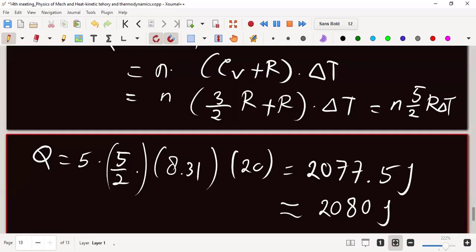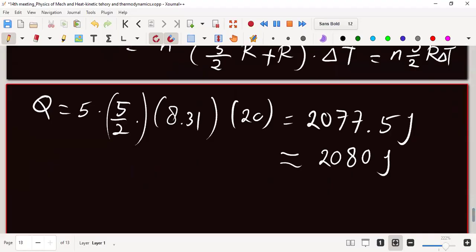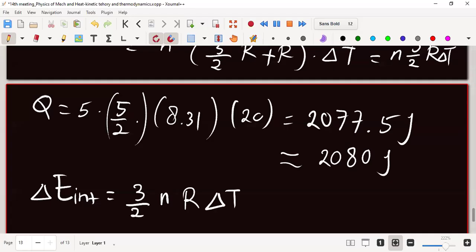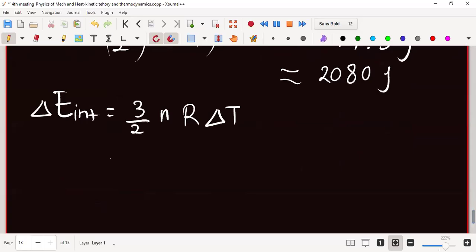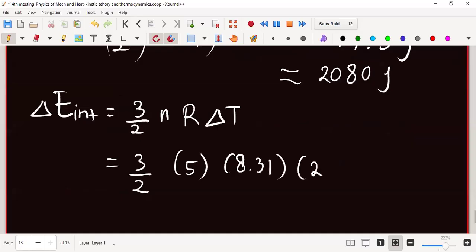And we also calculate the internal energy increment. Delta internal energy is 3 divided by 2 n R delta T. So this one is 3 divided by 2, 5 moles, 8.31, delta T is 20 degrees Celsius or 20 Kelvin.